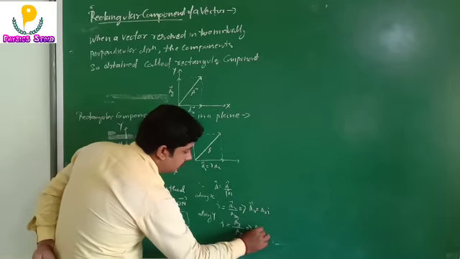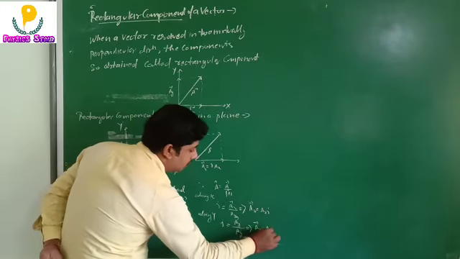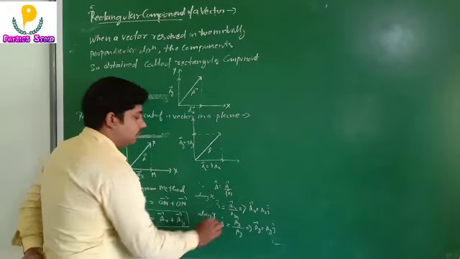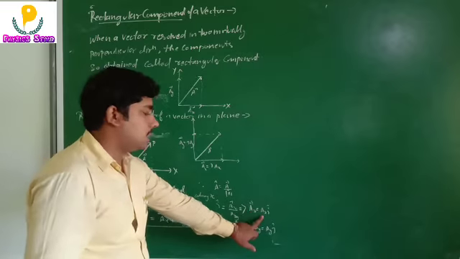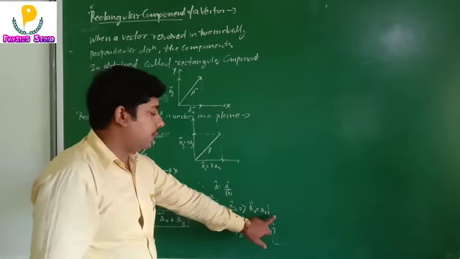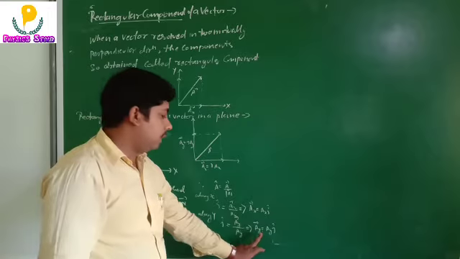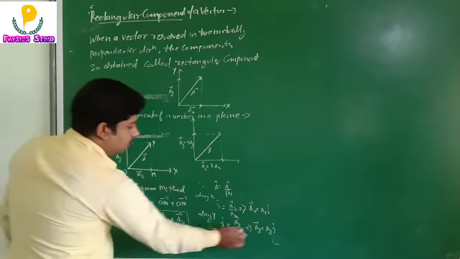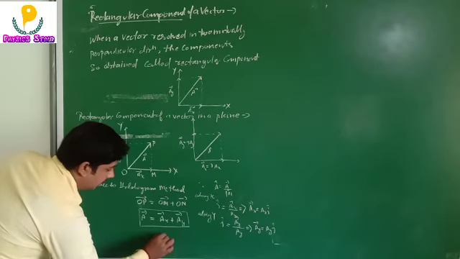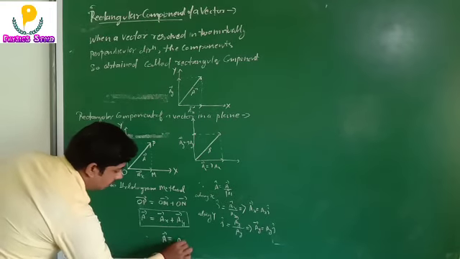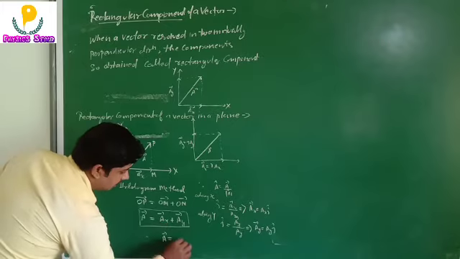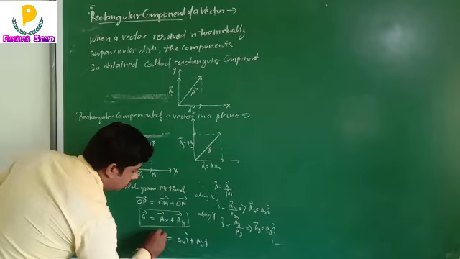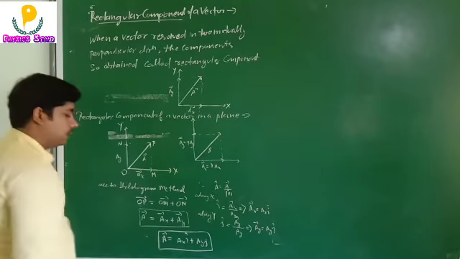From this we can write vector Ay is equal to Ay j. So this is in unit vector terms. Vector Ax can be written as Ax unit vector i, and Ay as Ay j. So this equation becomes vector A is equal to Ax i plus Ay j. This is the component form of the vector.